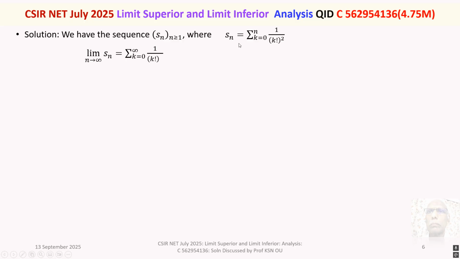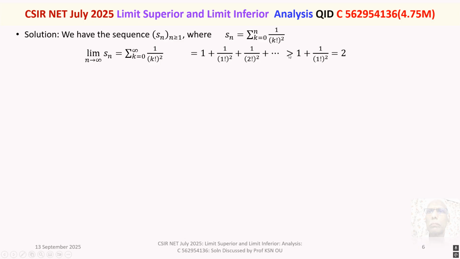And now let us take the limit as n tends to infinity of Sn, then the summation will run from k equals 0 to infinity, so sigma k equals 0 to infinity of 1 by k factorial square. Now write down the individual terms: 1 plus 1 by 1 factorial square plus 1 by 2 factorial square plus so on and so forth.